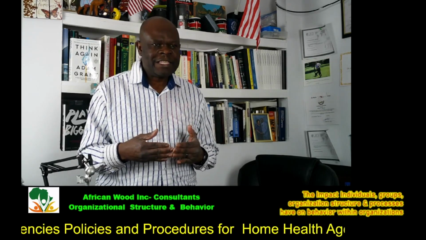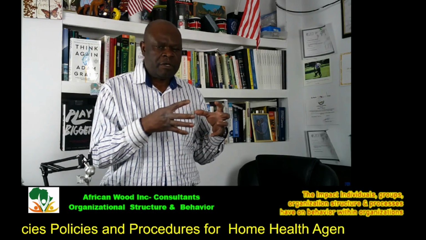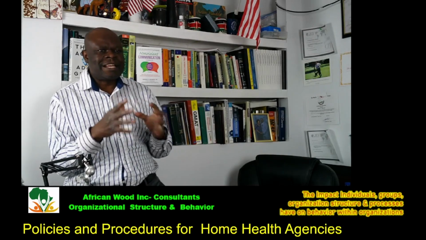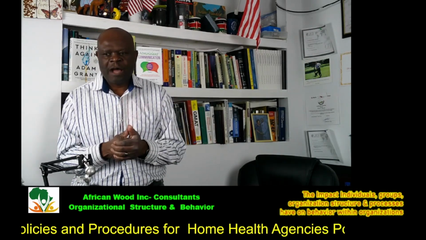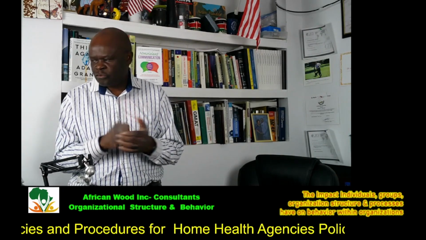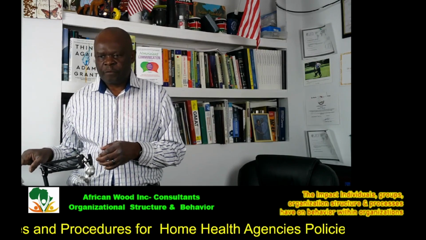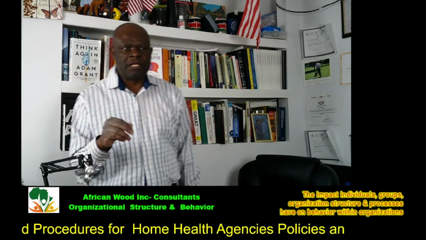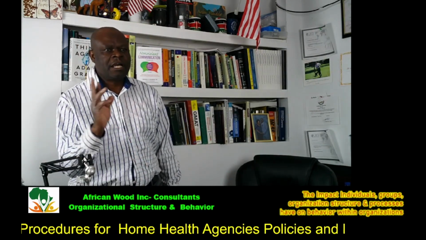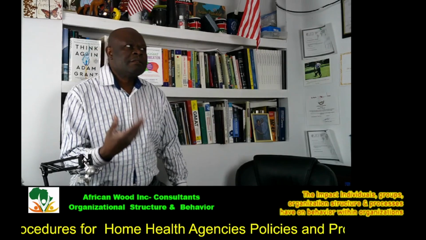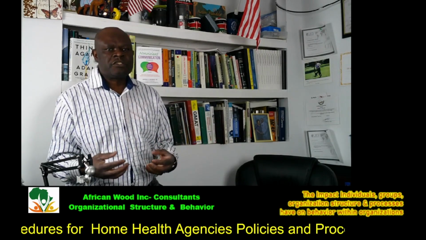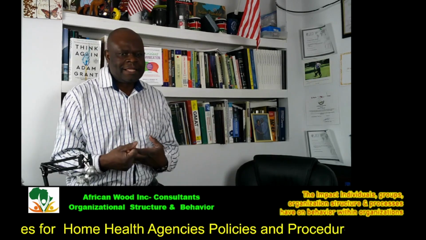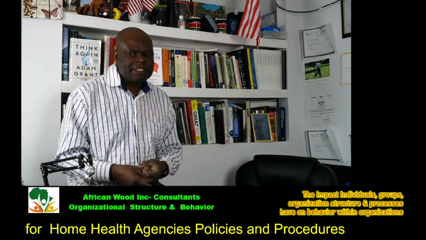Because when you're providing a service, you need to make sure that your side of the business is running well. You have to have an organization structure, starting from the chairman of the board, the director, the clinical director, the alternate director, and there's a call list, so that should something happen, you know who to contact. That's very important.